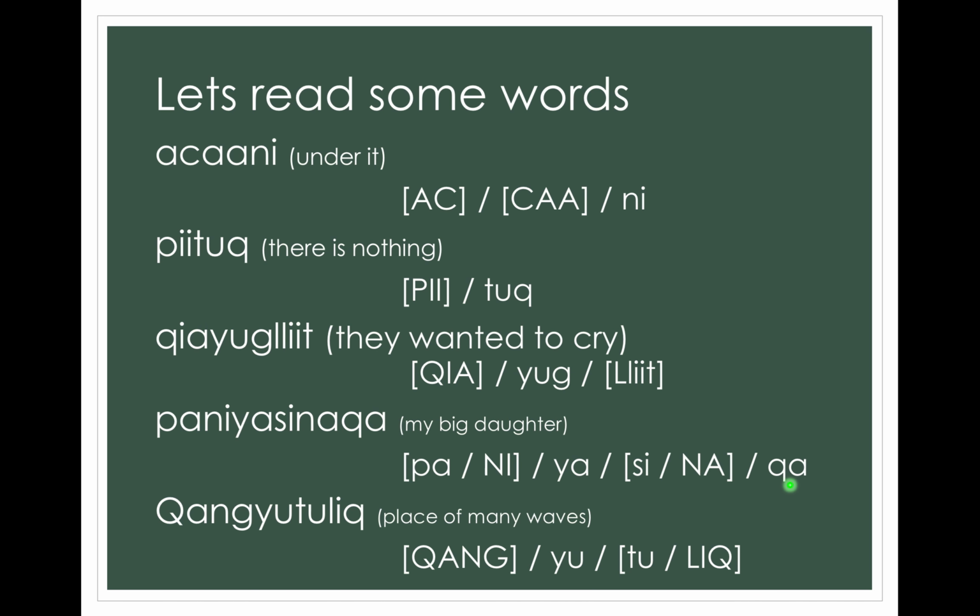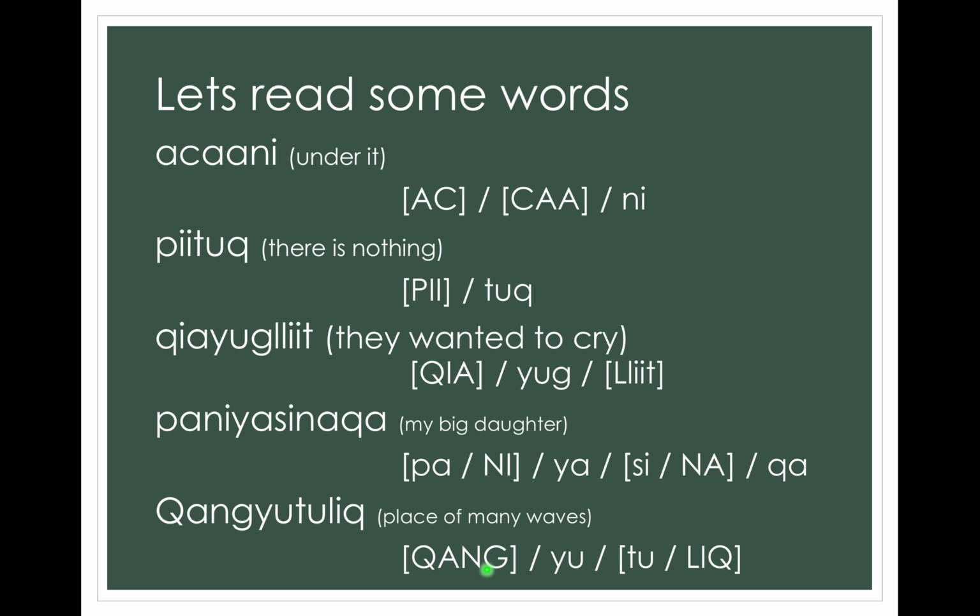The last one is kangyu tulik. So kang is its own foot, which means it's monosyllabic, meaning one foot that has stress. Yu is a stray syllable in the middle of a word, and tulik is an iambic foot.